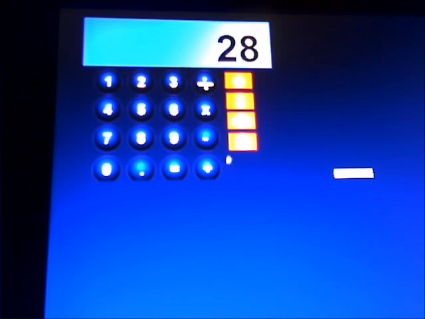Now, we have put in 7 different totals there, so to find out the average of the amount of totals we have put in, we're dividing by 7, and the average there is 4.